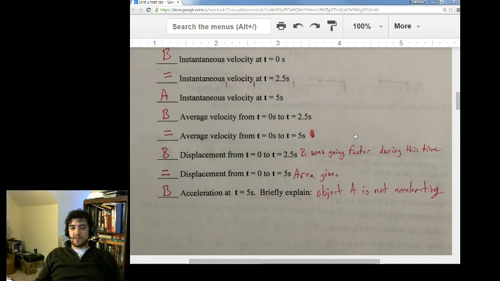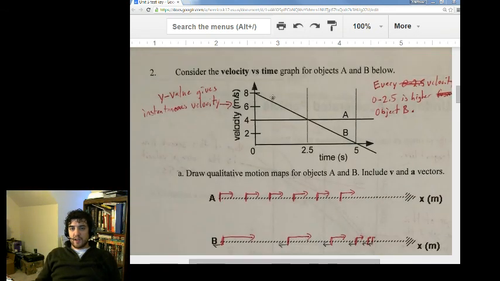So in this case, when we look at the slopes, yes, B has a negative slope, which is to say that the acceleration points to the left, as we've displayed here on the motion map. For A, the slope is 0. There is no acceleration. So when we compare, instead of the numbers, the length of the acceleration vector, the thing we use to represent the acceleration, we find that A doesn't have an acceleration.